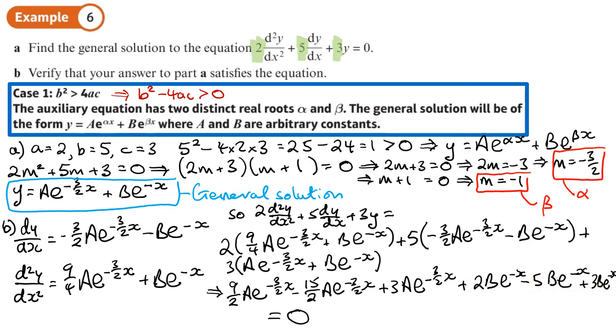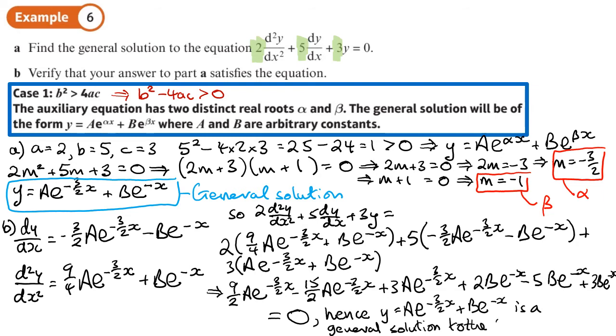So we get 0, so hence y equals a e to the minus 3 over 2x plus b e to the minus x is a general solution to the second order differential equation.